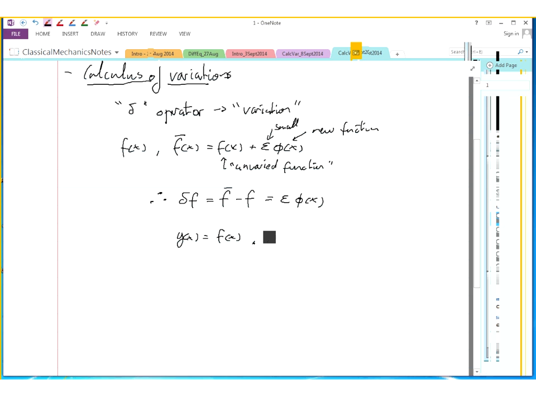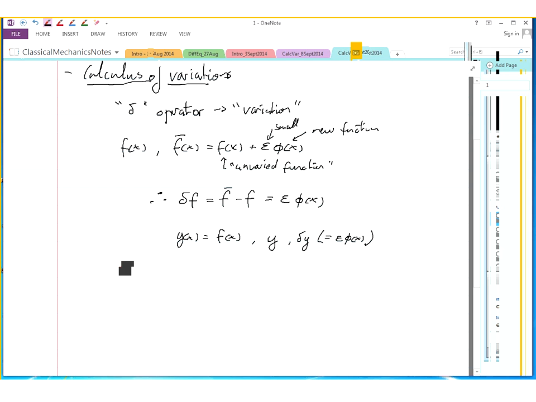Then we'll write y instead of f of x, and we'll write delta y. So remember, delta y is really equal to epsilon phi of x. We'll try to write the epsilon phi of x in the beginning, and then eventually you'll get the gist of it, and we'll just write delta y's everywhere. But remember that in principle it all comes from this idea of varying a function by adding a small amount of another function.